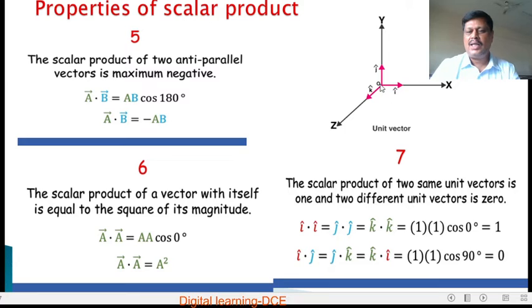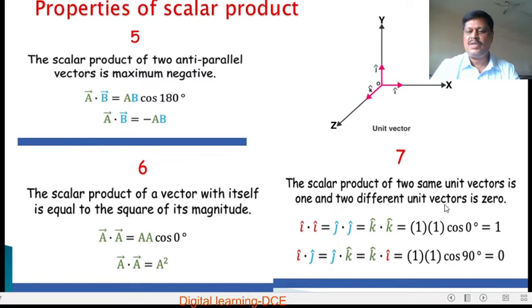Here the angle between i and i is 0, j and j is 0, and the angle between k and k is also 0. So cos 0 is 1, and 1 into 1 into 1 is equal to 1. That means i dot i, j dot j and k dot k are always 1. So the scalar product of same unit vectors is 1.